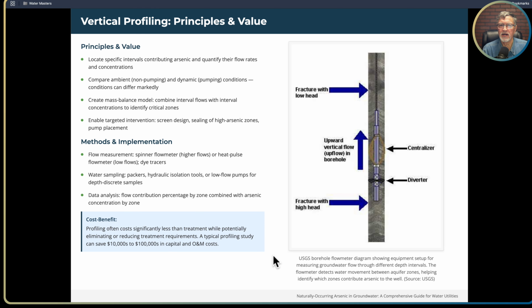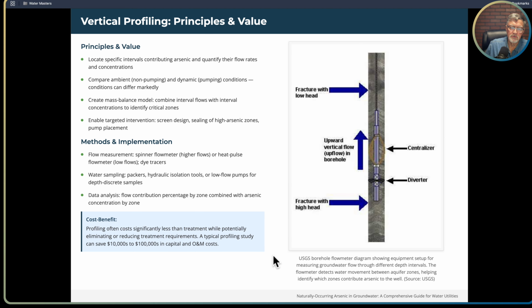We have some tooling out there where we can do higher definition profiling and really nail things down. If you have a good geologic log, then you can tie that back to the geology and come up with a good solid well design that's going to minimize the amount of arsenic coming in. You may not totally get rid of it, but you can minimize it using these methods.